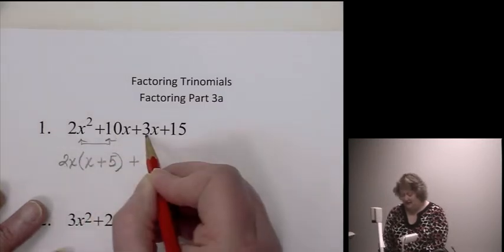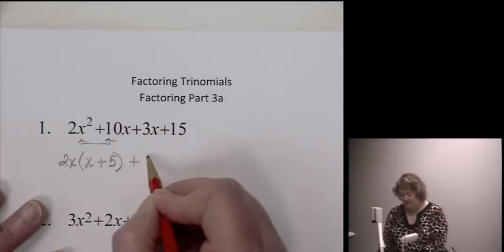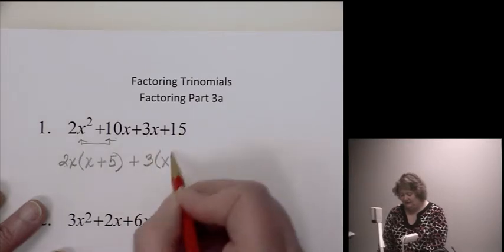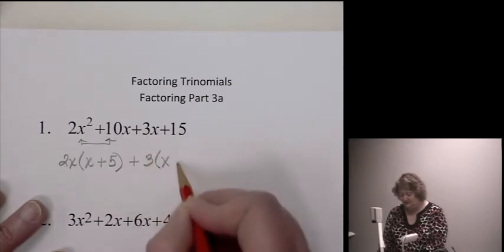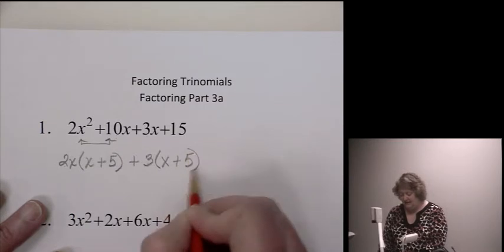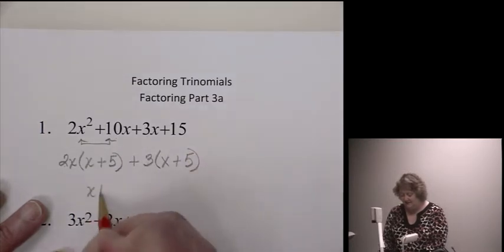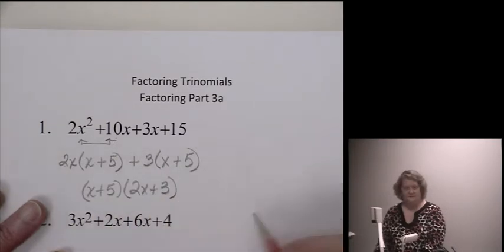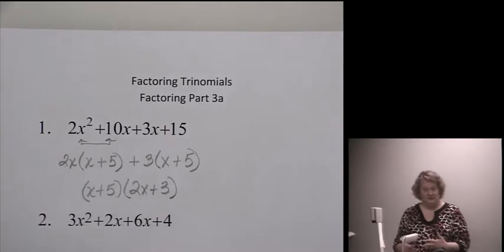Then the 3x plus 15 shares a common factor of 3, and we'd be left with 3 goes into 3x x times, 3 goes into 15 5 times, and then we'd be left with the x plus 5 as our common factor, and the 2x plus 3 in the front, and we would be finished factoring it.